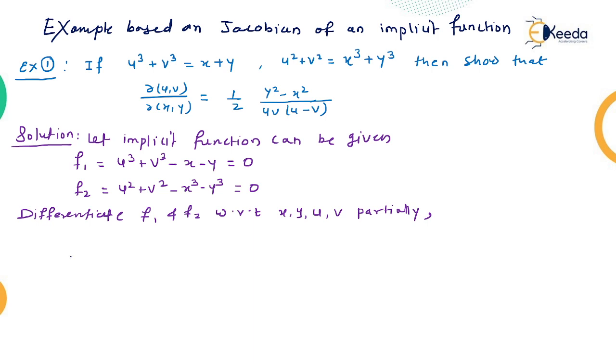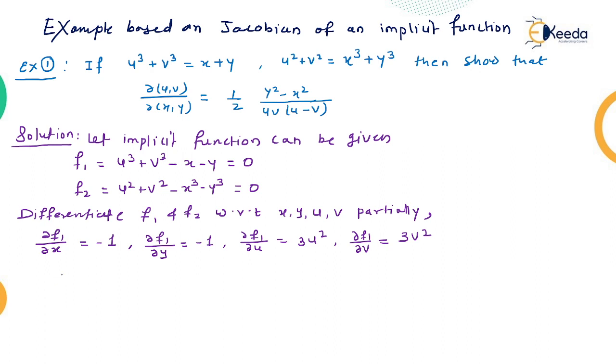So we get, first, dou f1 upon dou x: keeping the other variables constant, clearly it is minus 1. Next, dou f1 upon dou y is again minus 1. Next, dou f1 upon dou u, keeping other variables constant, becomes 3u square. Dou f1 upon dou v becomes 3v square.